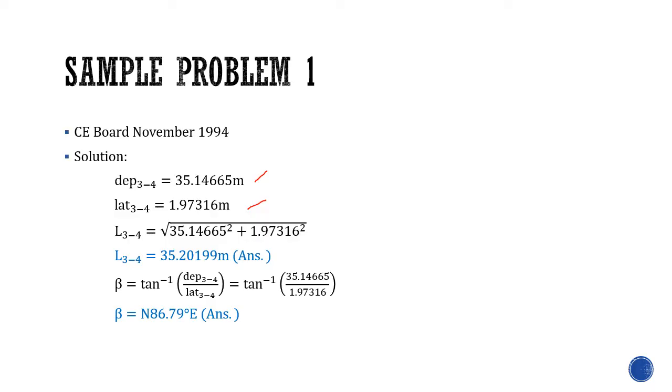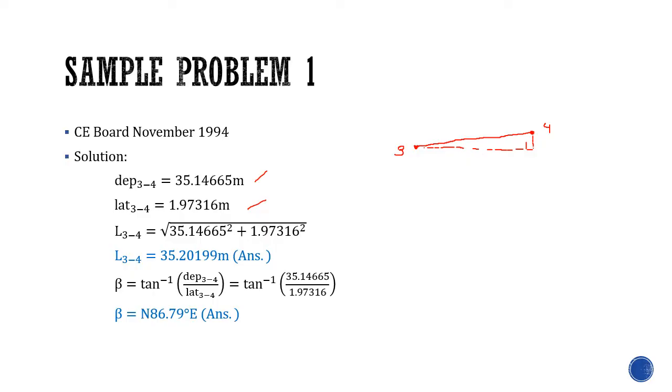Departure, kung ito yung starting, kunyari, ito yung 3. Yung 4 ay somewhere nasa right, kasi positive departure. Tapos, latitude ay positive, so 1.97, so angat ka naman. Siguro banda dito yung 4. So the length of course 3, 4 ay equal to this one.